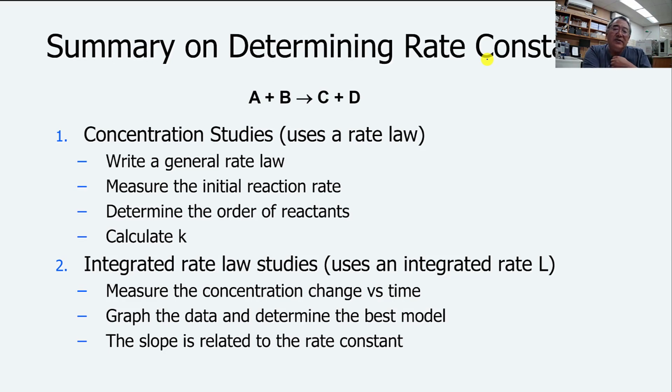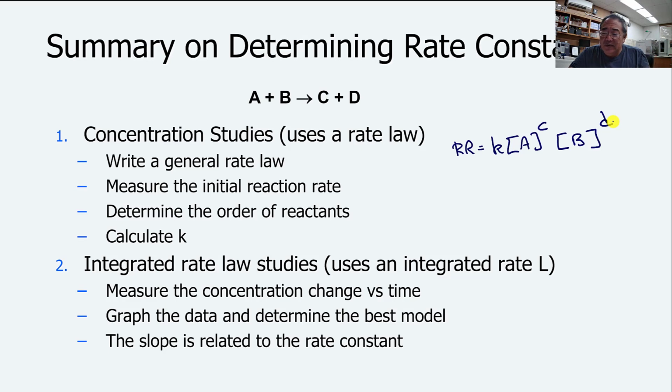We use that with the general rate law. So for this reaction, you would have said reaction rate is equal to K times A to the C and B to the D. I have to keep saying A, so let's call the exponents C and D. Let's change A and keep B constant, and look at how the rate changes.